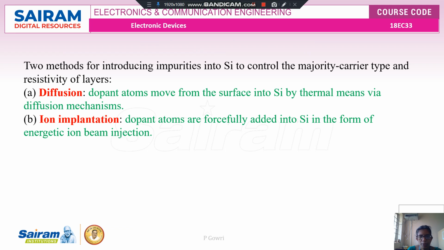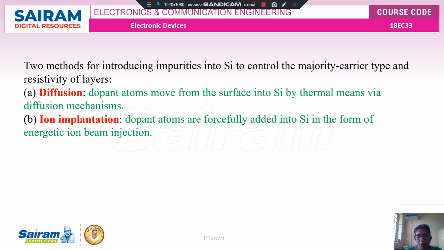These are used to introduce impurities into the silicon so that we can change the material, or change the concentration of the carrier type, and because of that the resistivity of the layers will change. There are two processes, one called diffusion and another called ion implantation.